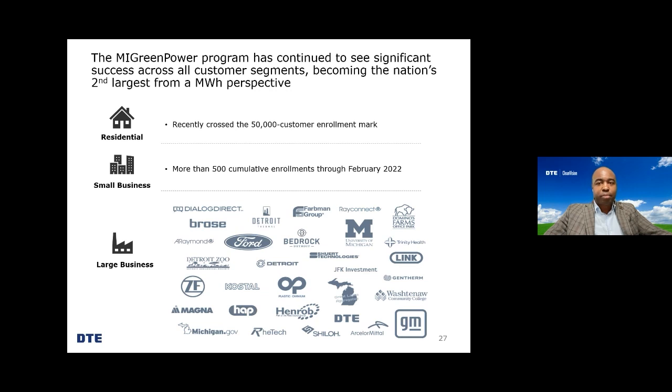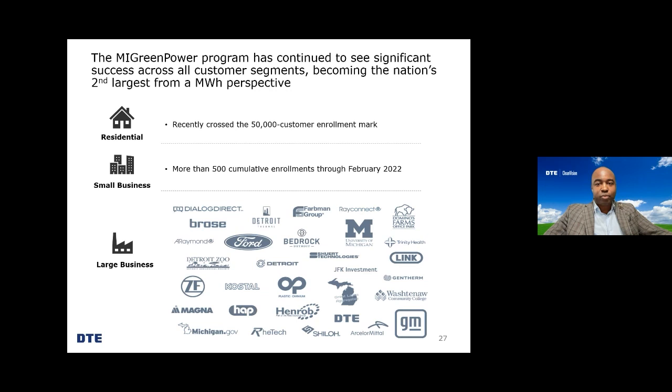The program is deployed across a variety of channels to engage our residential customers. We deploy digital marketing strategies, direct-to-customer engagements, as well as leveraging social media to get the word out to our existing customers. To date, we continue to do well in the residential space with almost 5,000 customers enrolled in the program through the month of March.